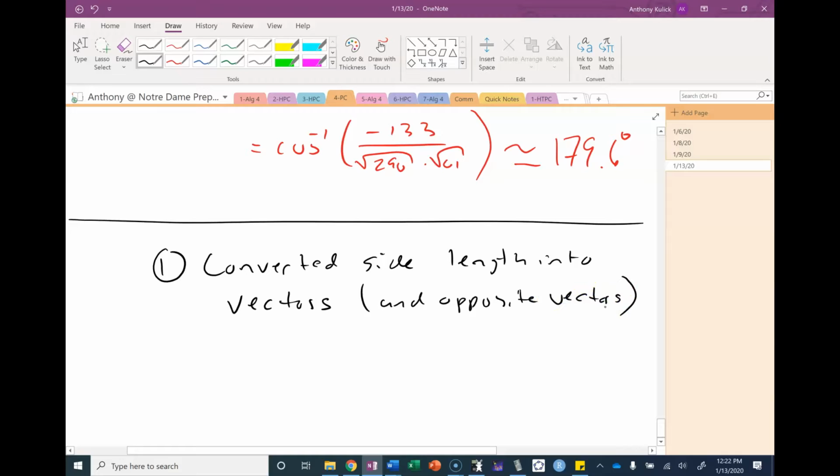So I converted the side lengths into vectors in component form. Yep, and I did it in both directions. So that's what I mean by opposite vectors. So I did xy and yx.